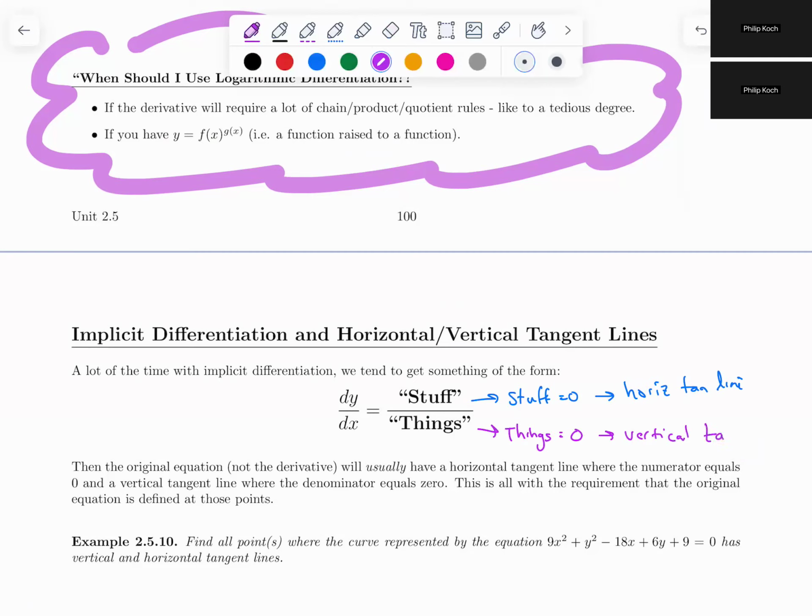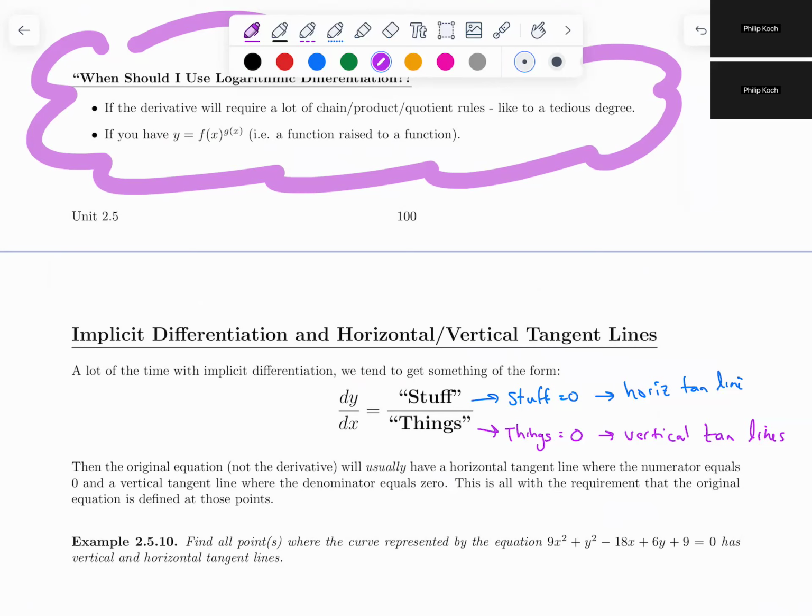Vertical tan lines. Usually we'll have a horizontal tangent line or a vertical tangent line where the numerator or denominator equals 0. In the very rare case where they both equal 0 at the same time, then all bets are off.